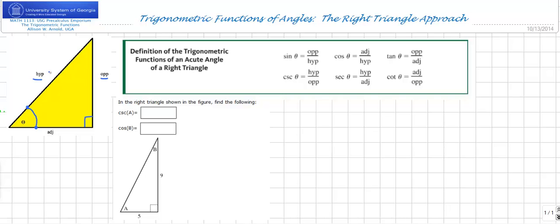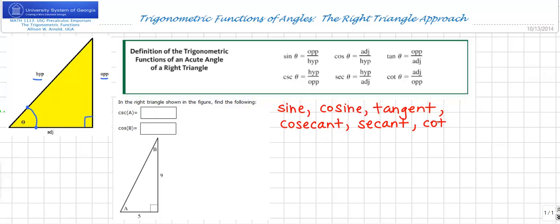So what we do is we define these 6 functions that we are going to refer to as sine, cosine, tangent, cosecant, secant, and cotangent to represent one of the 6 ratios that we can form from the legs of this triangle.